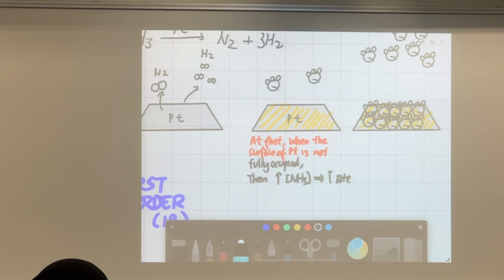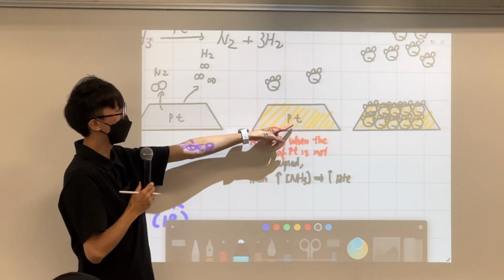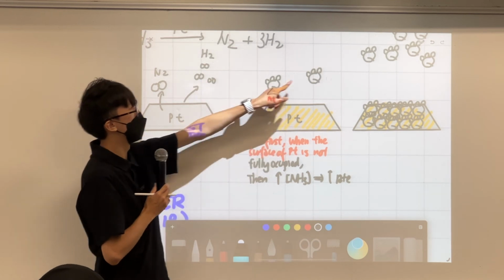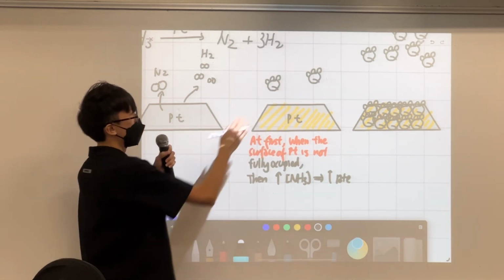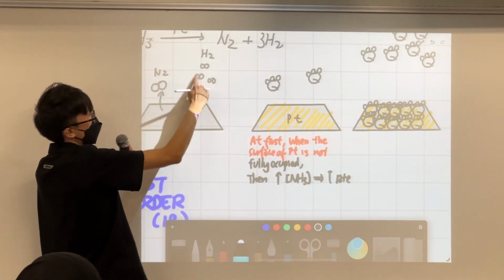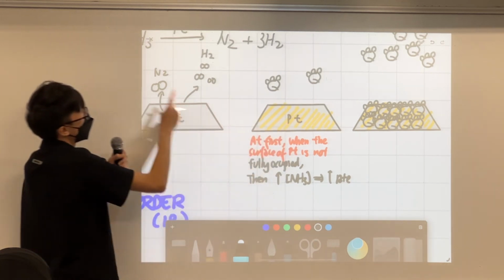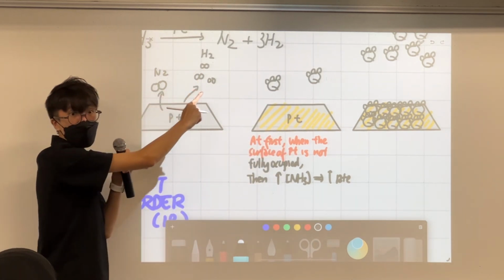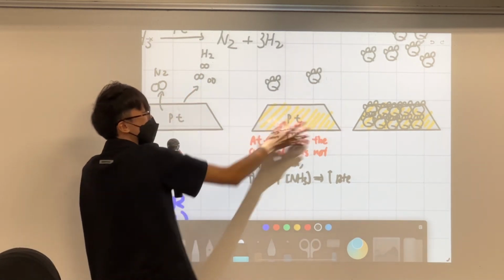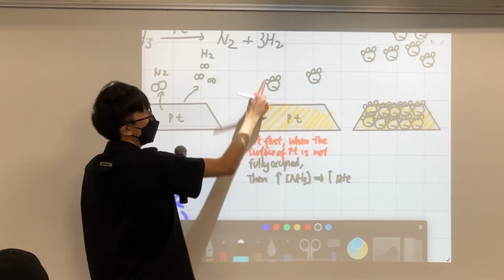Because at the beginning, let's just say there is 1,000 cm squared available on platinum, and you have only 2 ammonia by the side. Well, of course, if you have just 1 ammonia, you can only get 1 nitrogen and 3 hydrogen at one time. But if you have 2 ammonia coming, you will have 2 nitrogen and 6 hydrogen, right?